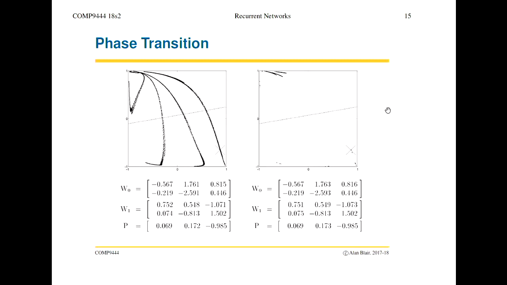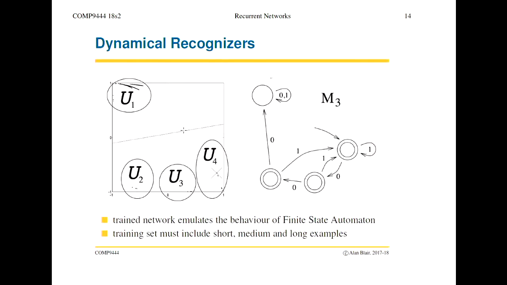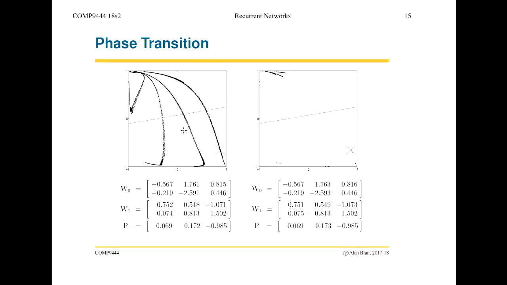So the weights have only changed very slightly from here to here, but if we plot out these dynamics, for the weights on the right, it's this regular behavior that's shown by the finite state machine. The ones on the left, it's actually this more complicated structure. So all of these points are possible in the activation space.